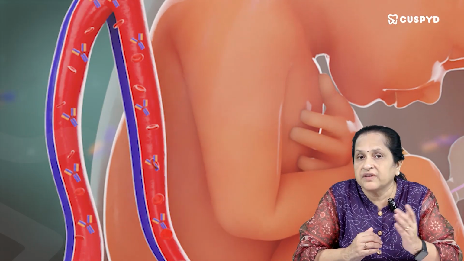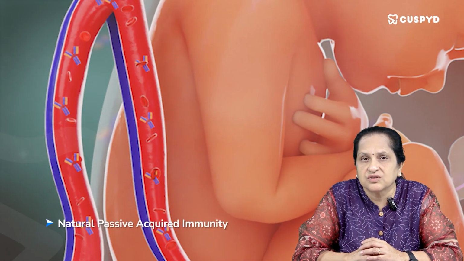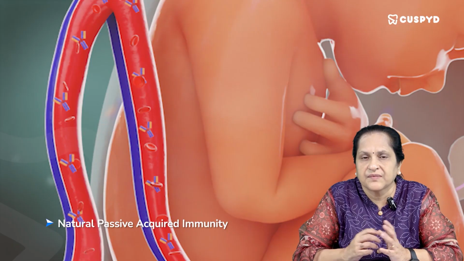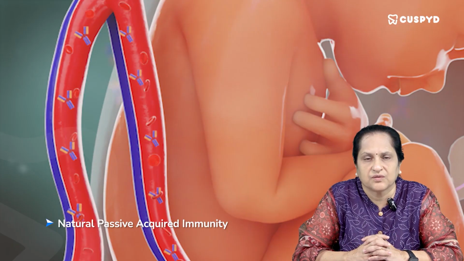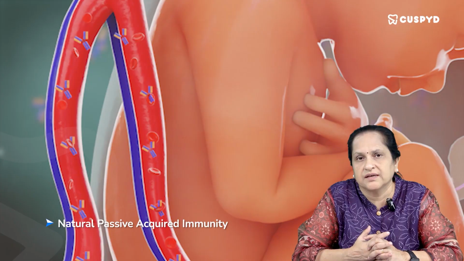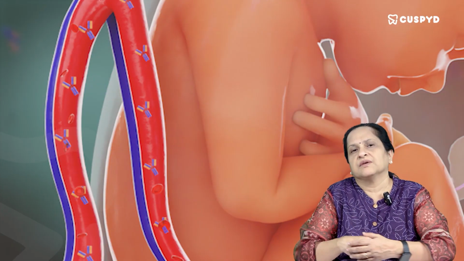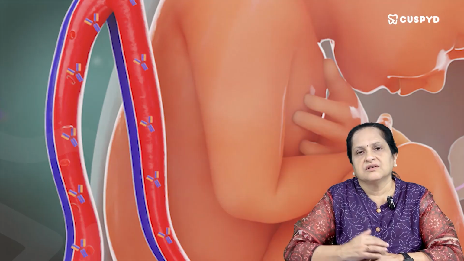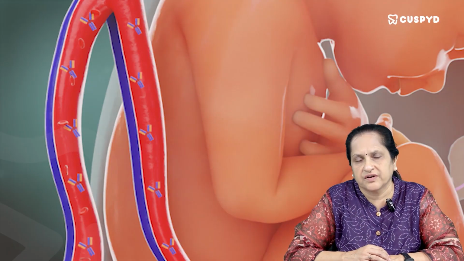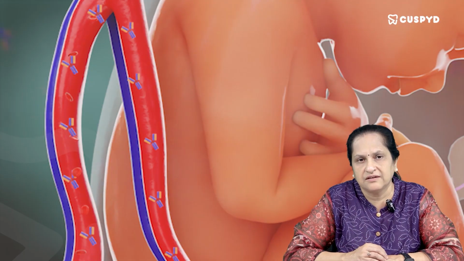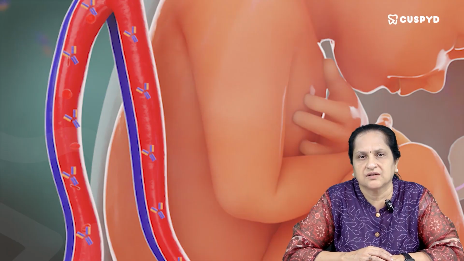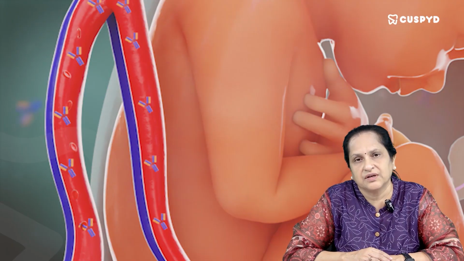And if you remember, we had talked about natural acquired immunity, and this is one of it. Natural passive acquired immunity is IgG, which is transferred from the mother to the child, and the protection in the initial stages of infection in the first few months of life is because of this particular antibody.